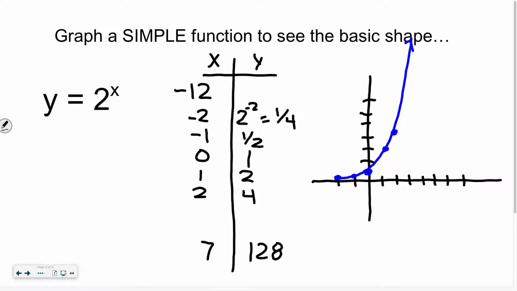Okay. So I'm not actually even going to evaluate this one, even though I could. I'm going to say 2 to the -12 is 1/2 to the 12th, which already, 2 to the 7th is a large number. So I'm going to say this is 1/, a big number. Are you okay with that? And as I go more negative, isn't it just bigger and bigger and bigger?